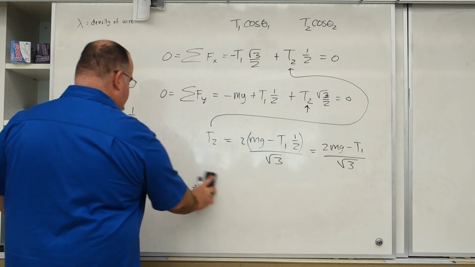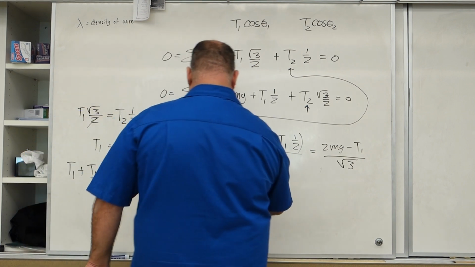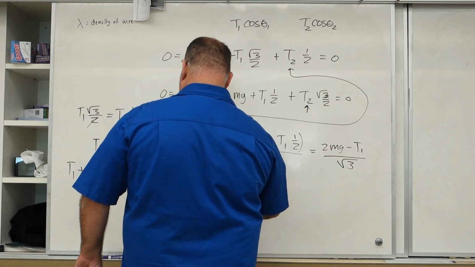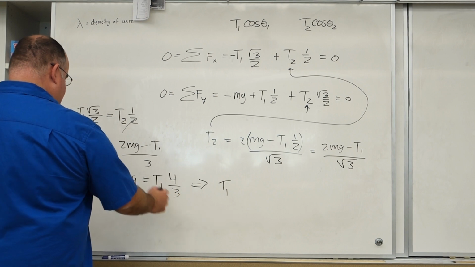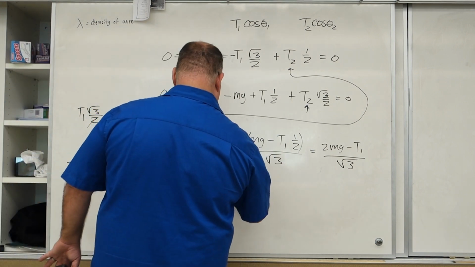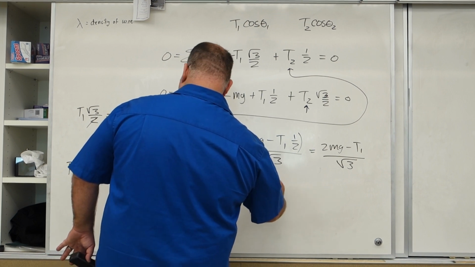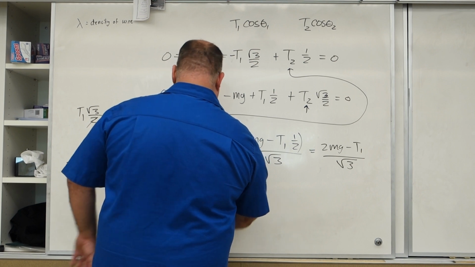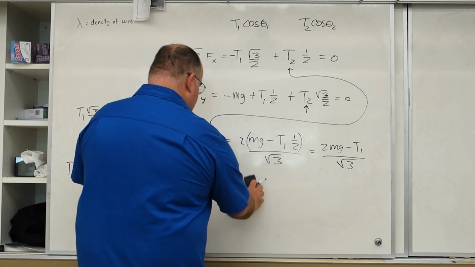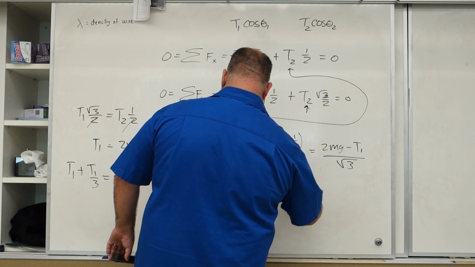This implies that T1, now I can cancel all these. I don't want to do that yet because I'm making this thing over here, so let's do that. 2/3 mg equals T1 over 4/3.